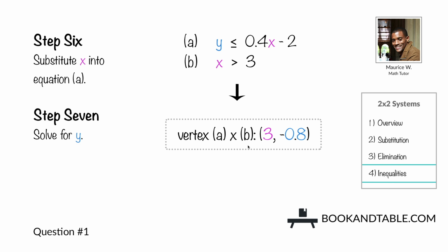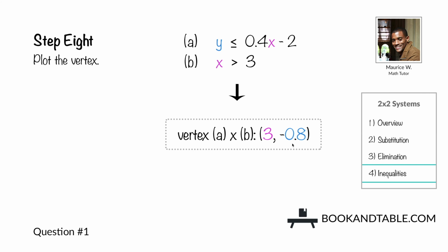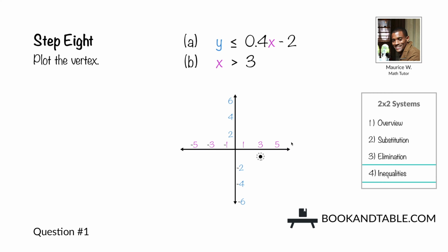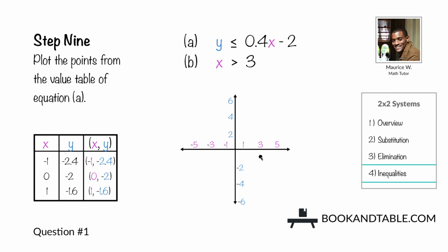So now, step 8, we want to plot the vertex at 3, negative 0.8. So we go to 3 along the x-axis and down to negative 0.8. We plot the point. And now step 9, plot the points from the value table of equation A that we did a moment ago.